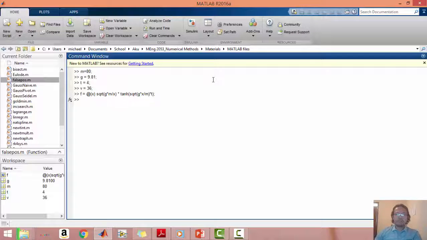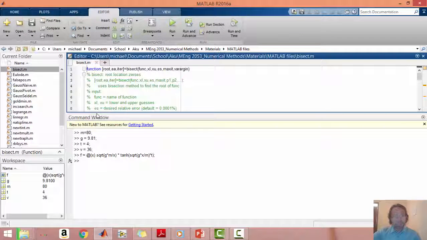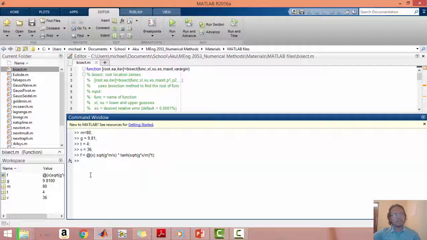So we will call the function bisect. Let's open this one first, by the way. Right click here and then click open. It will open the bisect.m here. Everything has already been inputted. Okay, let's do it.